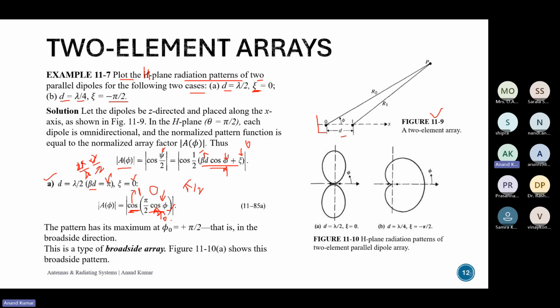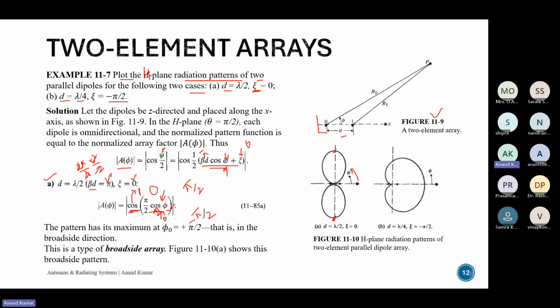That's why at pi by 2 this pattern achieves its maximum, that is in the broadside direction. This rotation gives the phi, and it will also achieve maximum at minus pi by 2. So at plus and minus pi by 2 we are achieving maximum.